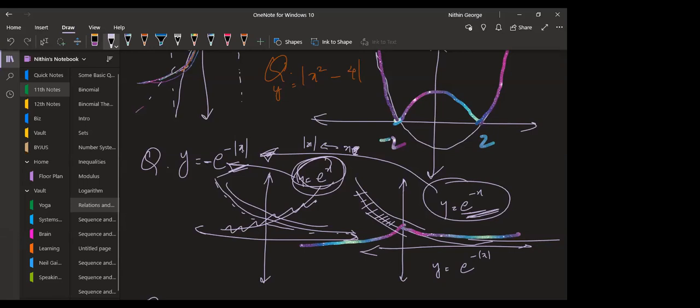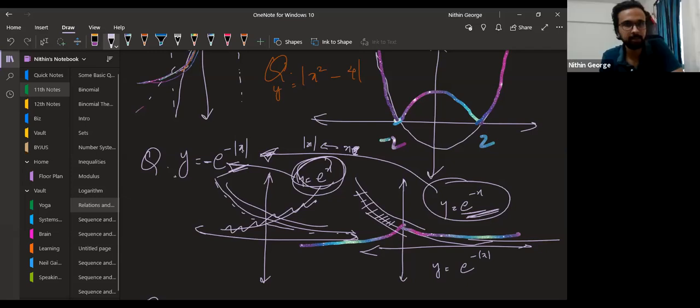Minus where, sir? Where are you putting the minus, sir? Here. Y equal to minus e raised to minus mod x. So the question was e power minus mod x, right? I just changed that to minus of e power minus mod x. What happens here?